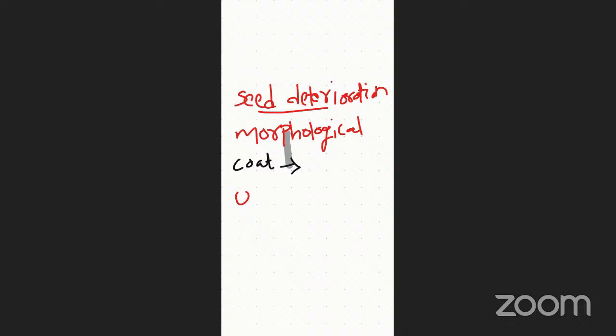How does the seed deteriorate, sir? In ultrastructure, only these symptoms appear in the plasma membrane, the plasma lemma. Here the plasma lemma extraction from the cell wall related with deterioration has been observed.